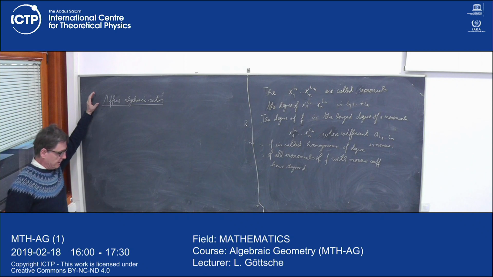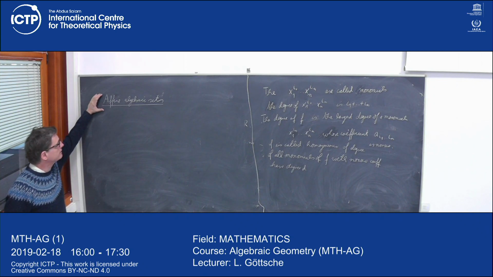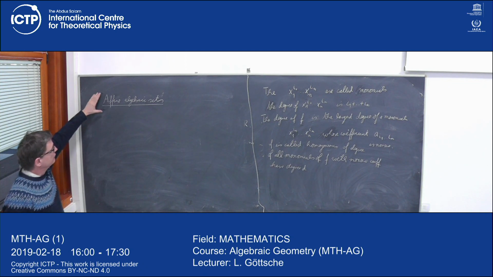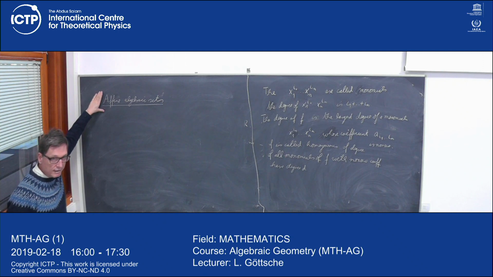And these are some nice sets, but for many purposes it is nicer to have algebraic sets which in a suitable sense are compact. For this, we will later introduce projective algebraic sets. So we introduce projective space, and inside this, we take the zero sets of homogeneous polynomials, which are projective algebraic sets and projective varieties. But these we will start later. In this first chapter, we talk about the affine algebraic sets.